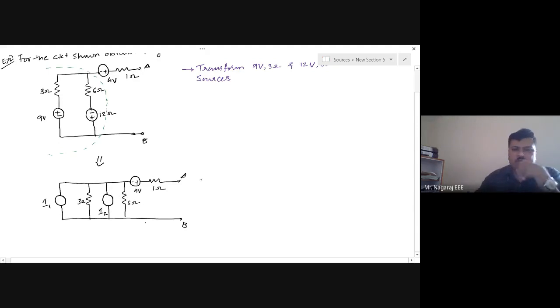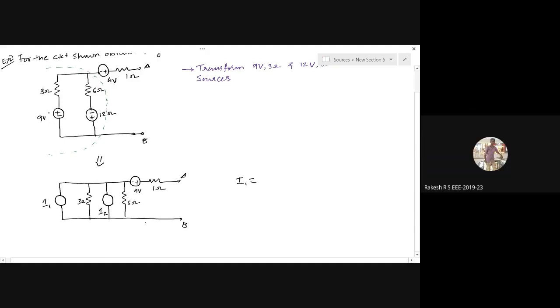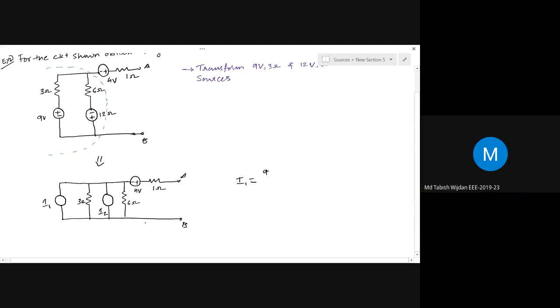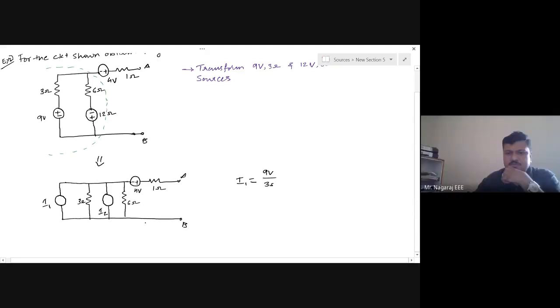Now, what is the value of I1? Source voltage divided by resistance. So, I1 is 9 volts by 3 ohms. It is 3 amps. And I2, it is 12 volts by 6 ohms.